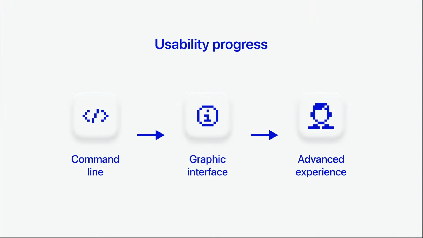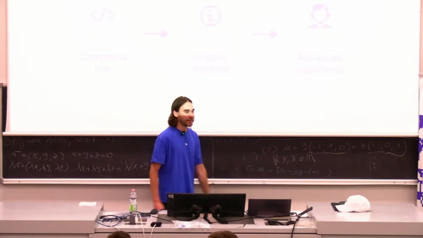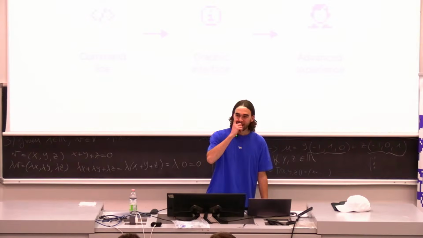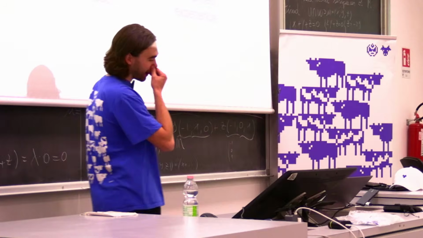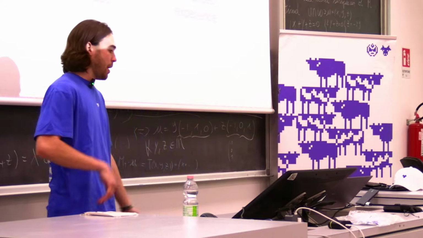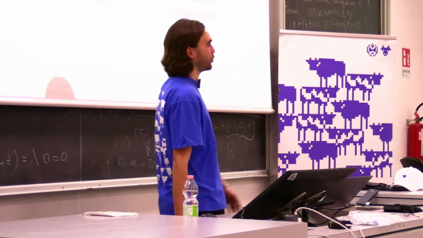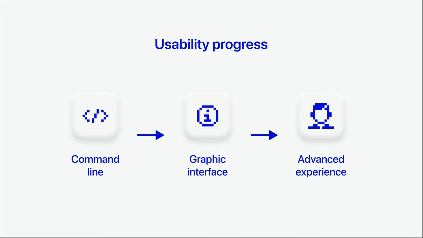In terms of usability, it started as a super hard thing to use, so don't have regrets about not buying Bitcoin 15 years ago. If you were a designer, you probably weren't able to do it anyway. Then from the command line, it started to have apps with graphic interfaces, and now what we also want to do in this competition is to think about more advanced and pleasant experiences that we can create around this technology.